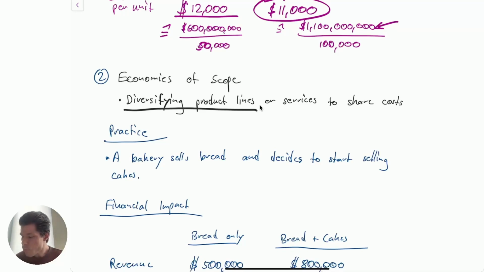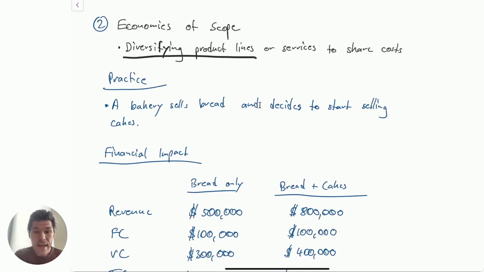This bakery sells bread and decides now to start selling cakes. We need to think about which product. If the bakery starts selling cars, it doesn't make sense because it can't use the assets it owns to produce cars. But if we look at what type of assets and equipment we use, the bakery already owns the ovens, has staff, has a distribution network. Adding cakes doesn't require much extra cost, but generates additional revenue.